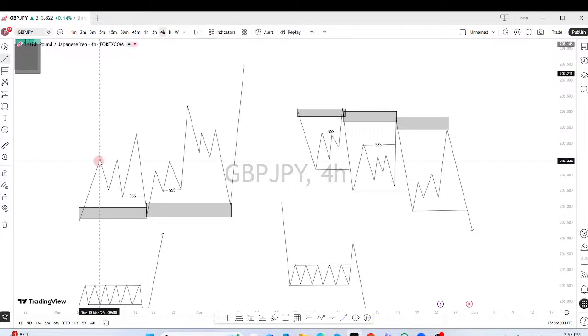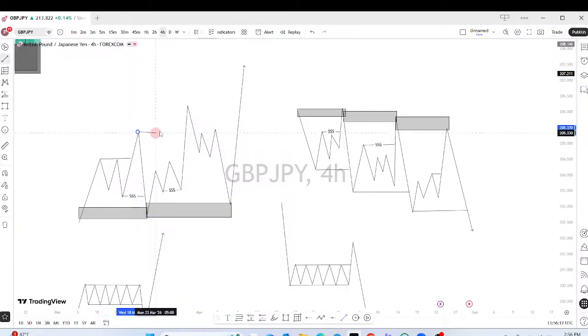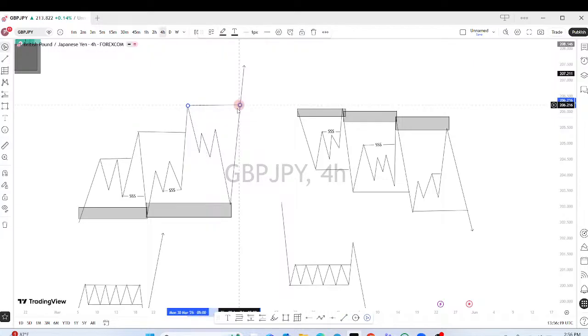You have a breakout structure here. Yes, you have a breakout structure here.